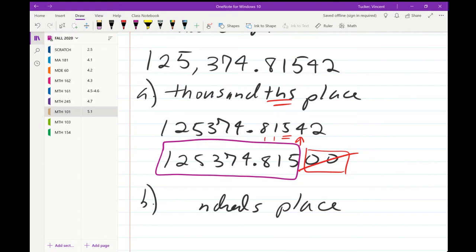Actually, I don't want to do hundreds place. Okay, I changed my mind. I was going to do hundreds place, but I want to look at the 10,000s place.